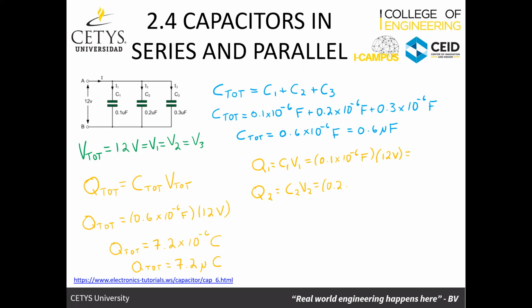This is going to be 0.2 times 10 to the minus 6 farads multiplied by 12 volts. And Q3 is going to be C3 times V3, which would be 0.3 times 10 to the minus 6 farads times 12 volts. So give me those three values, please.